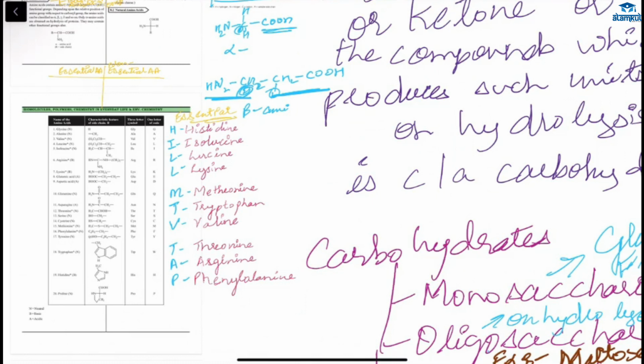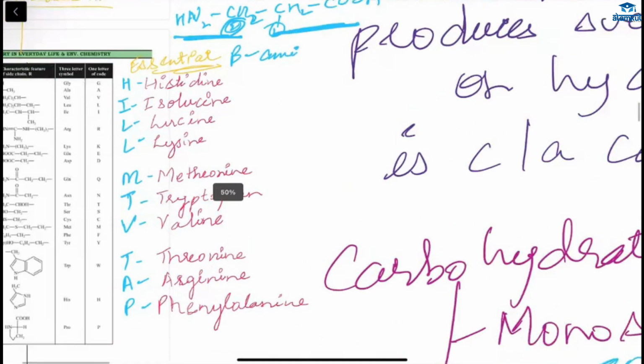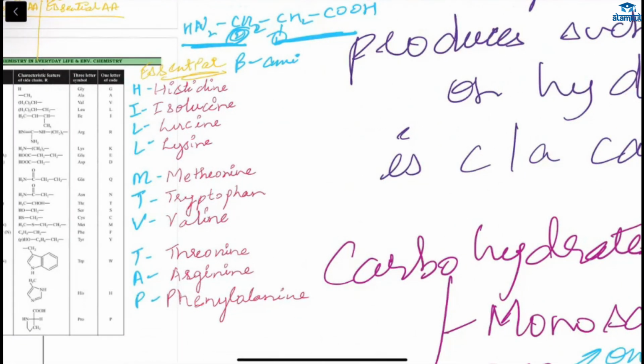When you remember the essential ones, you don't have to remember the non-essential ones, because whenever a non-essential one comes, you will easily say that this is non-essential, since all the essential ones you have already remembered. Hill: H is histidine, I isoleucine, leucine, lysine, methionine, tryptophan, valine, threonine, arginine, and phenylalanine. So these are the essential amino acids which you have to remember.